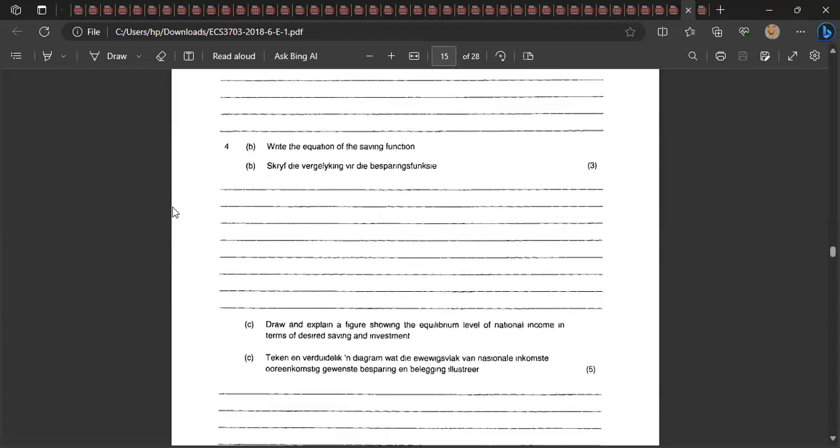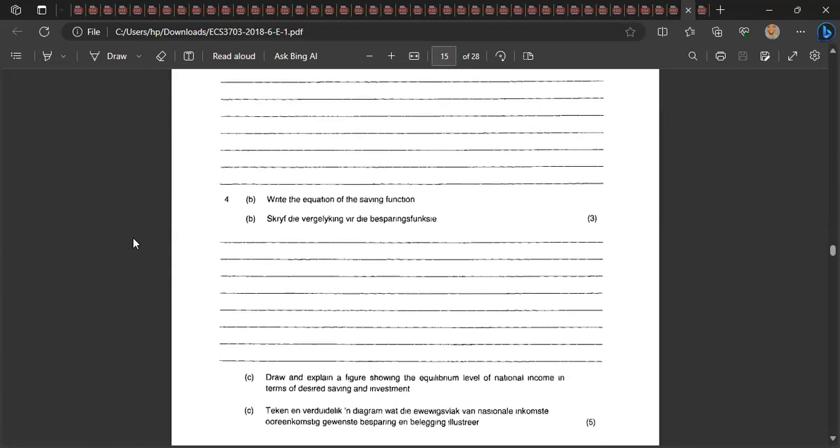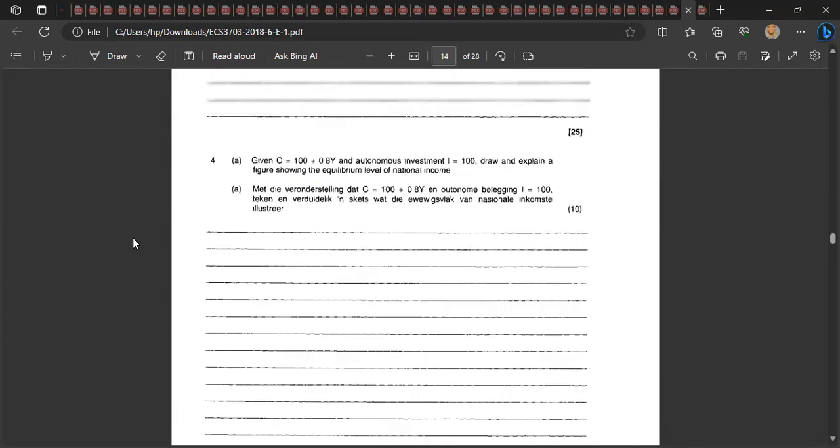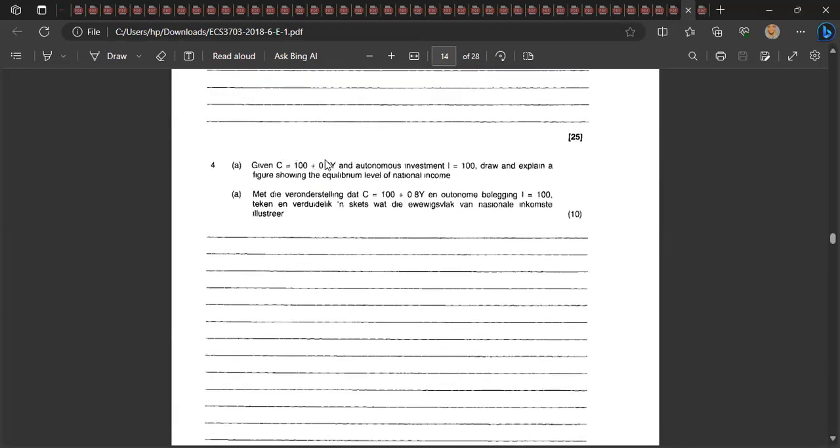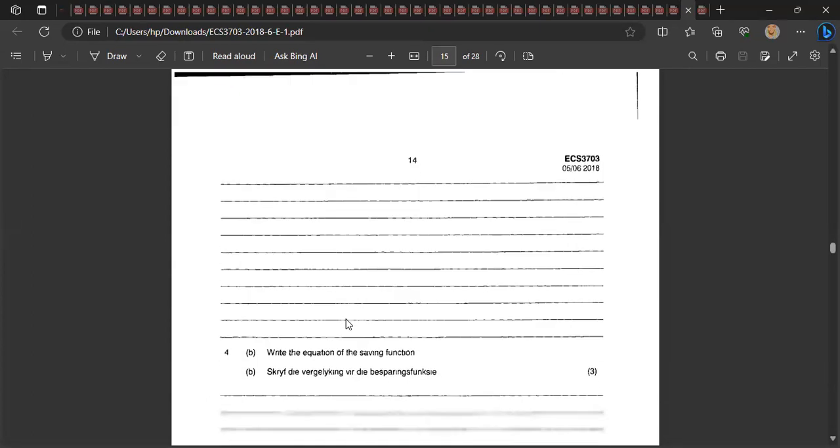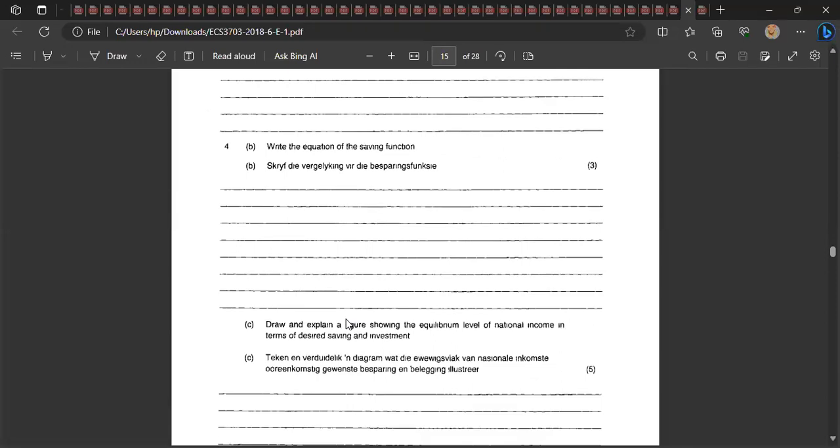And then write the equation of the saving function. They don't ask these anymore, I don't know why, which is why they might ask it. If you have this here, it's going to be easy to do the savings function, just by remembering to convert the MPC, the marginal propensity to consume, to MPS, the marginal propensity to save, finding the difference between that and one.